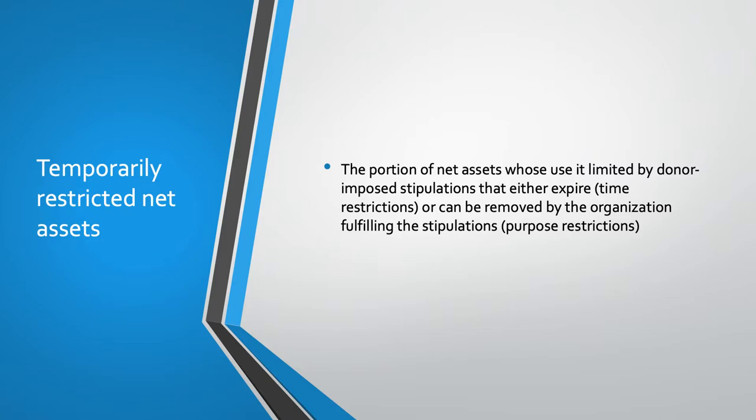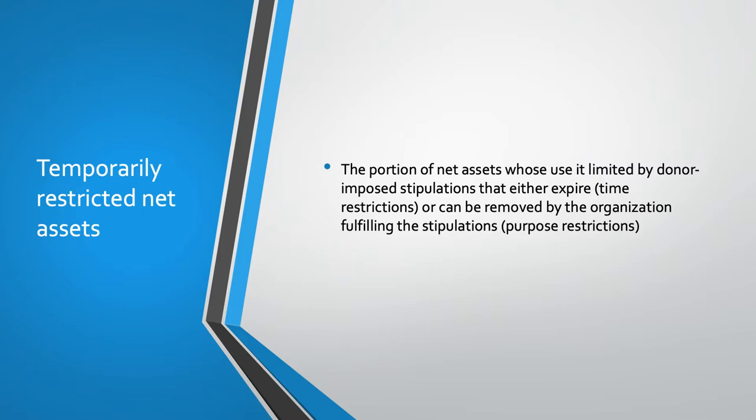So on August 6th, if it arrives, the time restriction is already expired. So you can use it, and then you can also use it only for the purpose restriction, which is for the feeding program. So that's very important.